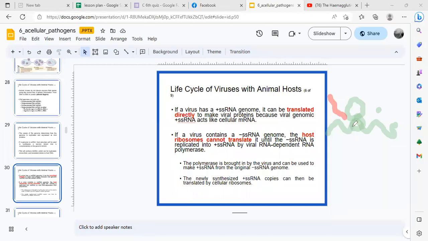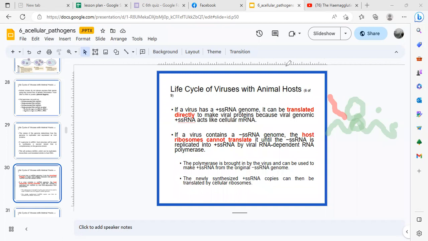And then, yung genetic material niya nagre-replicate dahil gagamitin niya yung host cell para mag-replicate yung single-stranded RNA. So that's for positive SS or single-stranded RNA. So directly gagawa siya ng mga proteins.